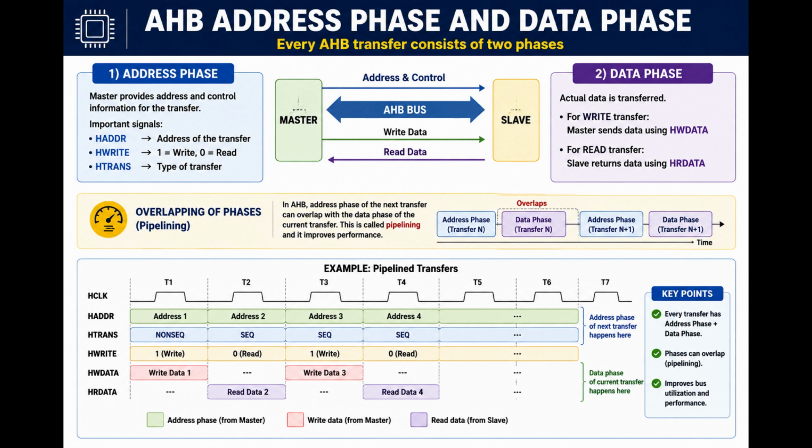For a write transfer, the master sends data using HWDATA. For a read transfer, the selected slave returns data using HRDATA. The important point is that in AHB, these phases can overlap. While the data for one transfer is being transferred, the address and the control information for the next transfer can already be sent. This overlapping of address and data phase is called pipelining, and it helps AHB achieve better performance.